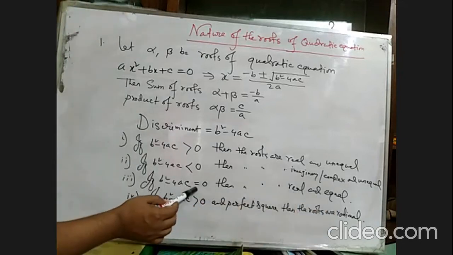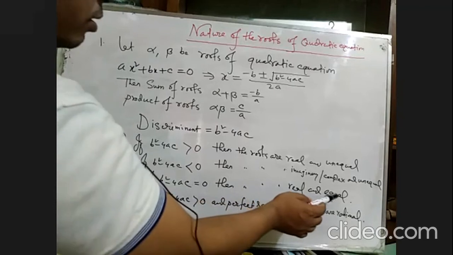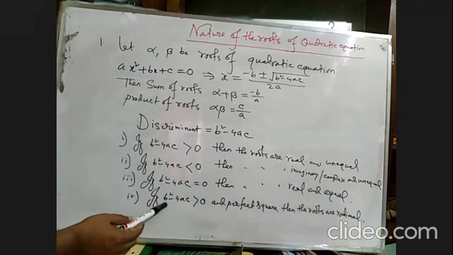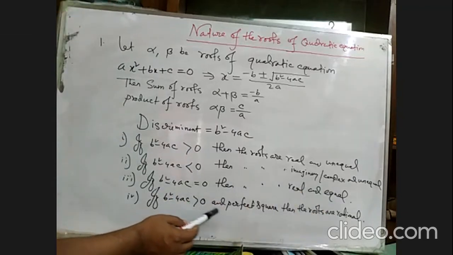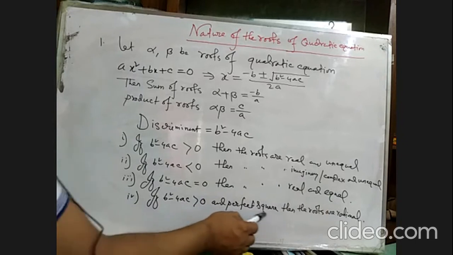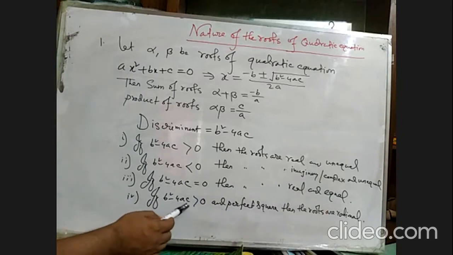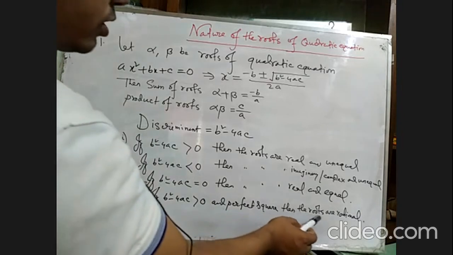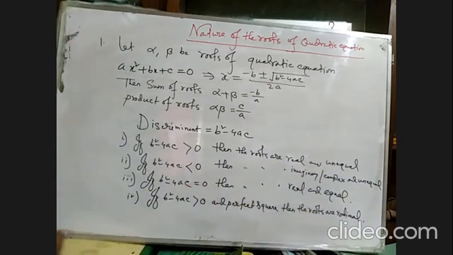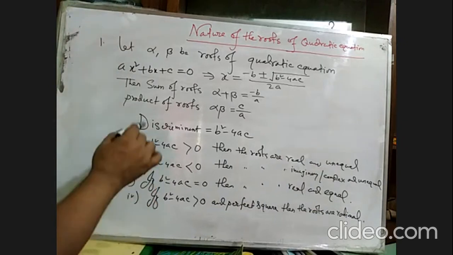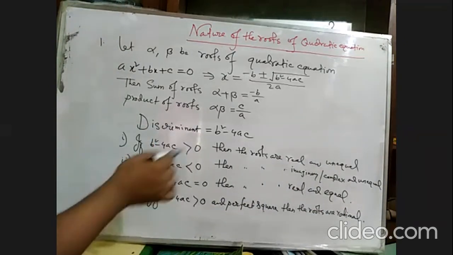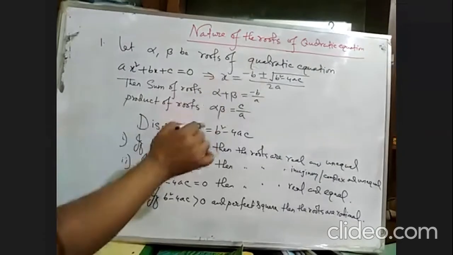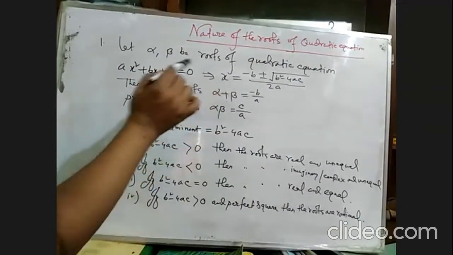Remember it. If b square minus 4ac is greater than 0 and a perfect square, meaning it can be expressed as a square, then the roots are rational. So these are the four conditions, depending on the discriminant, to find the nature of the roots.